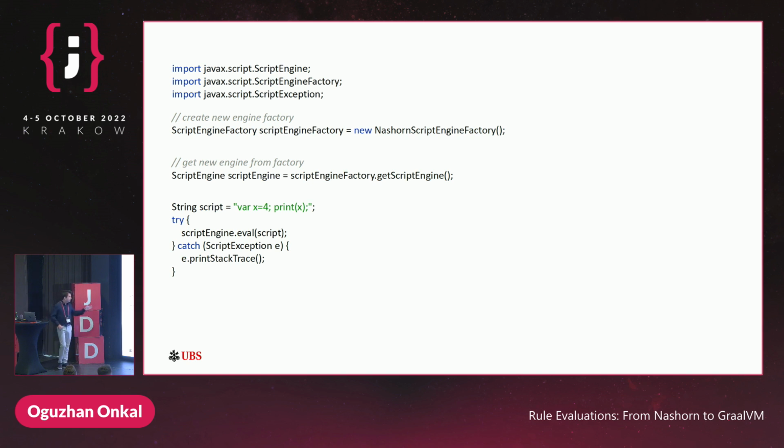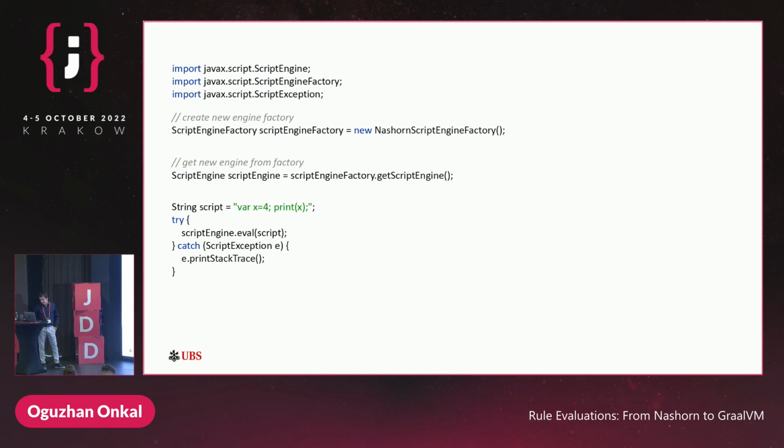Now we will try the very basic example that was in the command line. We have this JavaScript code embedded as a string, and we pass it to the engine's eval method, and of course it will print the four.